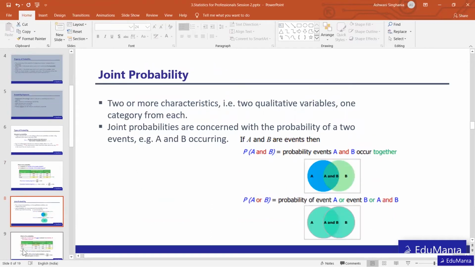So now we will move to joint probability, where we can always see the keywords like 'and' or 'or'. So let's understand this.